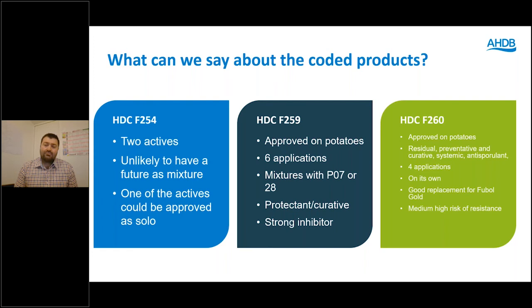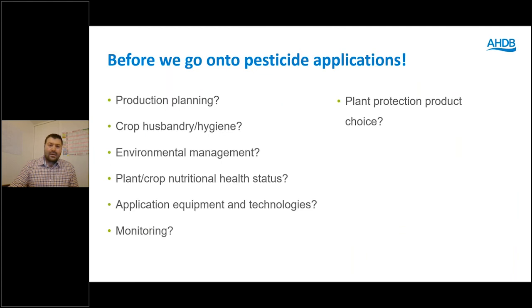It has the ability to become the new Fubol Gold, really. And in terms of resistance risk, it's from a medium to a high risk. So again, although it's a 2 active product, it just puts it into a slightly higher risk group. So just be aware of that.